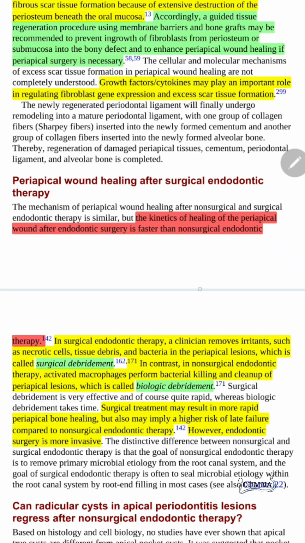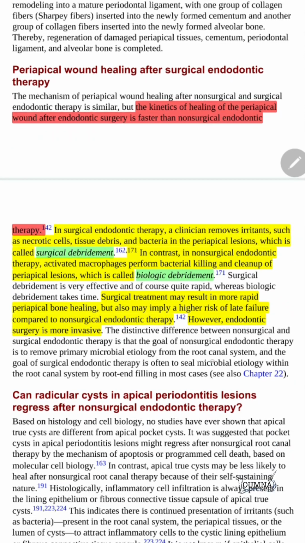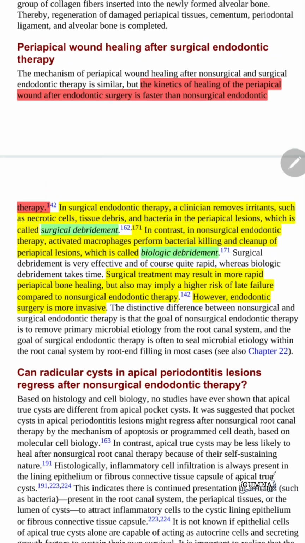Also, there is a question: which is faster regarding the healing, the periapical wound after an endodontic surgery, or a non-surgical endodontic therapy? The answer is the surgical approach is faster in the healing, because we are removing the irritants surgically without relying on the immune process of the macrophages and the bacterial killing cleanup mechanism.